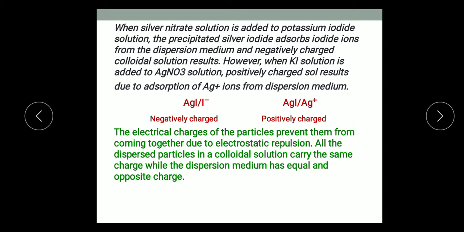Because of this charge, the sol particles repel each other and get dispersed in the medium, and we get a colloidal sol. And the dispersion medium has equal and opposite charge. It is obvious.